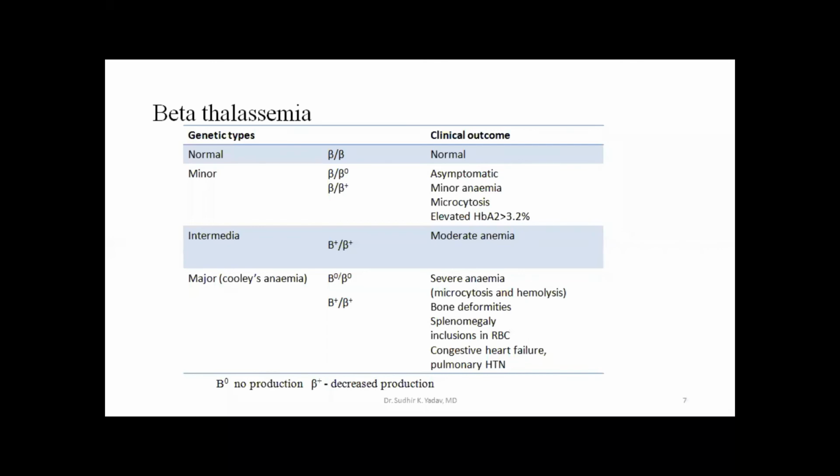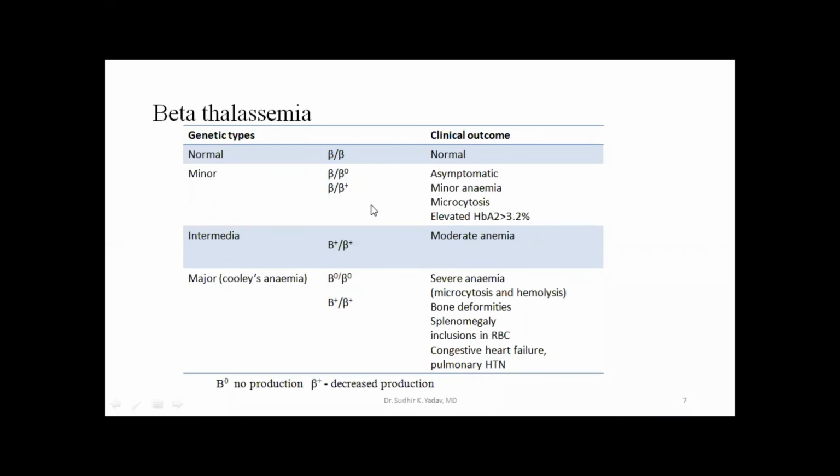Okay, so in beta thalassemia minor, there is heterozygous status. On one chromosome, the allele is normal, and the other allele has a mutation. So it may be beta/beta naught, or beta/beta plus.